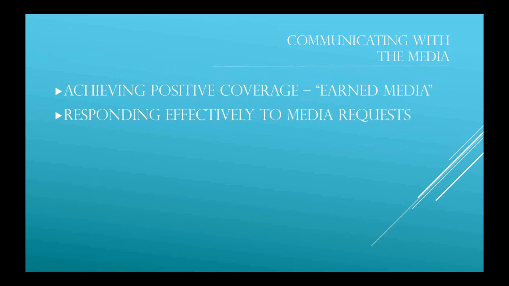All right, now the second part of communicating effectively or policy advocacy is communicating with the media or through the media. There are two pieces to this, at least two, and it's a very important part of advocacy. A, achieving positive coverage, what you might call earned media, regarding anti-sexual violence work, regarding your work, etc. This can significantly impact public debates on public policy matters, as I mentioned.